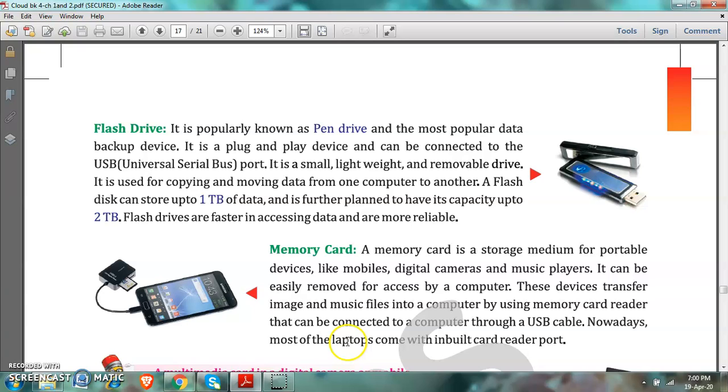These are card readers, the inbuilt card reader ports which come with the laptops, which can be accessed by a computer. This is a storage medium that can be inserted in mobiles to take the data or to copy the data. So these all portable devices I have told.